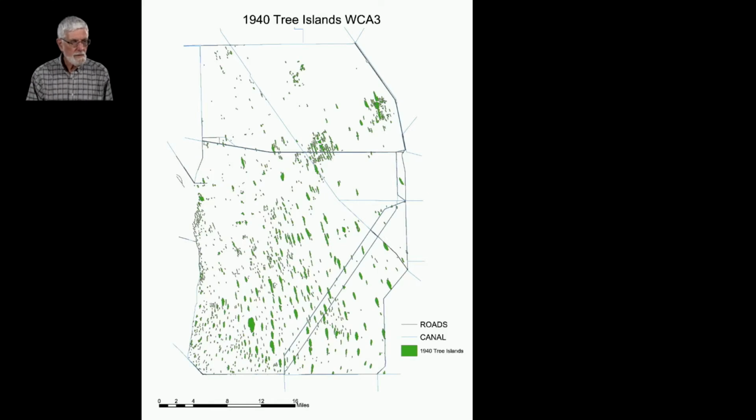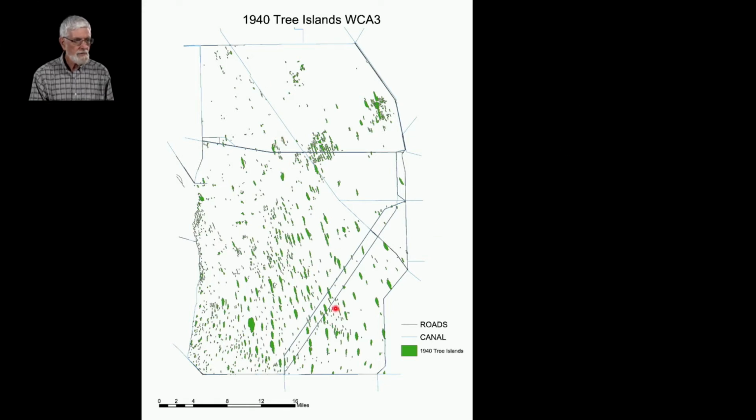But tree islands are one of the habitats that have been most significantly affected by the infrastructure created starting in the 1900s. And this image is showing you where the tree islands were. It's showing you the directional pattern of flow.